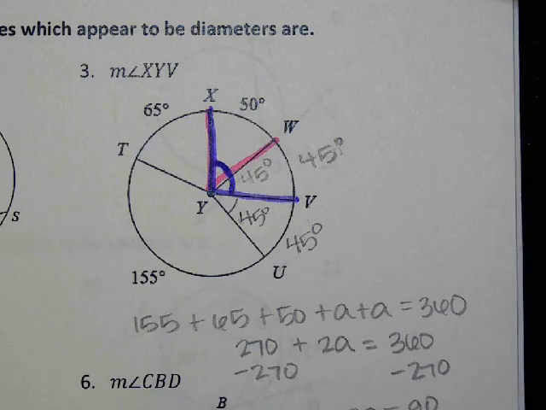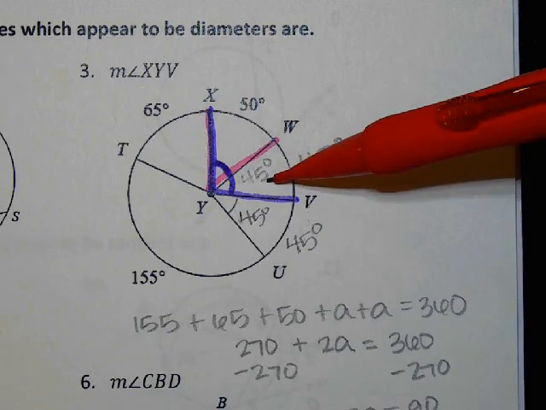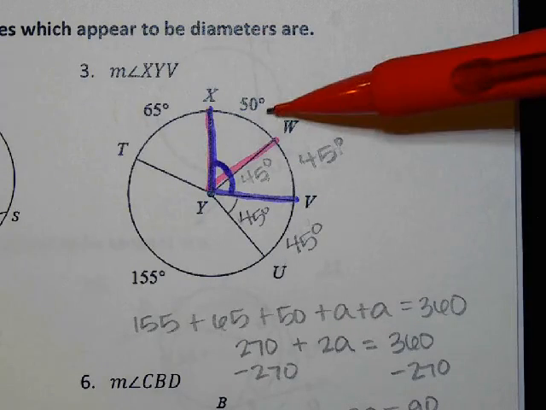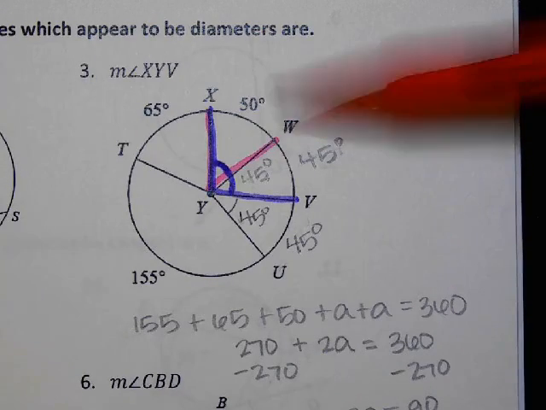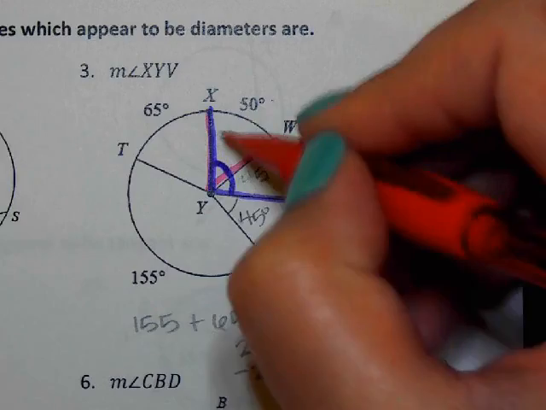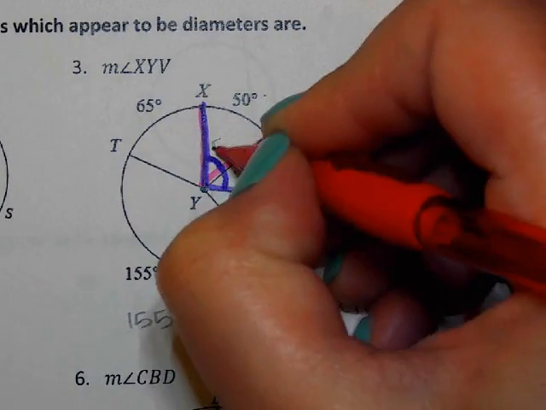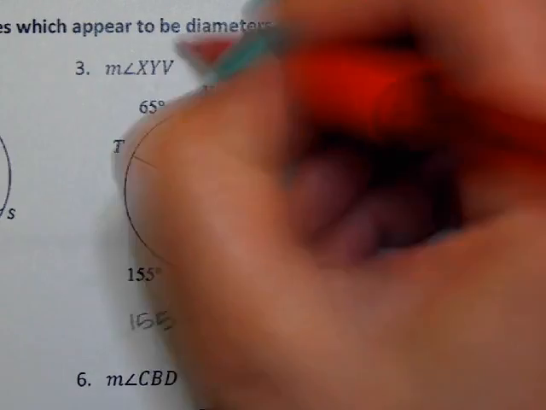It'd be 95. How do you know it's 95? Because we only have a 45-degree angle right here. Yeah, so if arc XW is 50, then angle XYW has to be as well, because that's a central angle and its arc. And so that means that this is going to be 95.